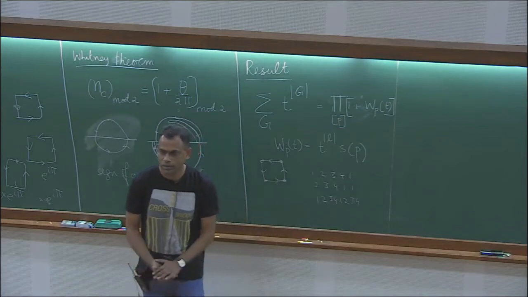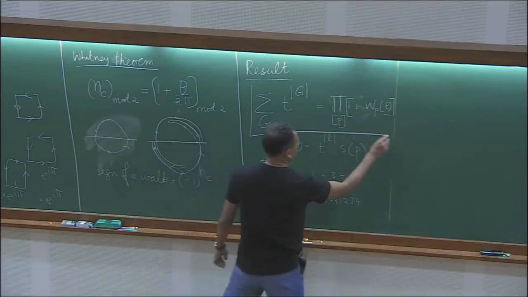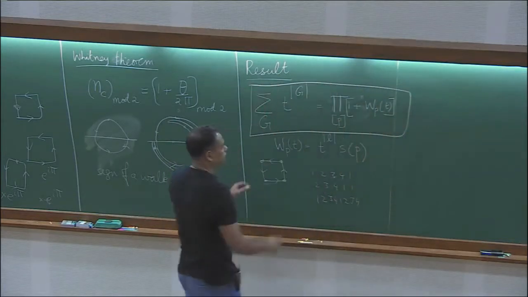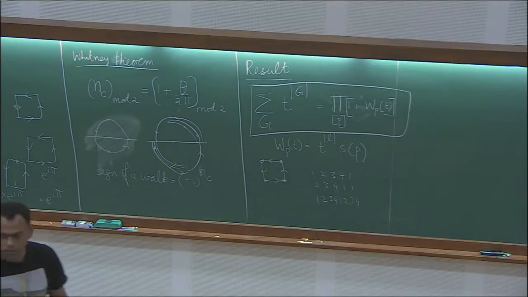Is it okay? So this is the result that we will use, but I will try to show why this is correct. The walk can do anything it wants. It can intersect itself and so on, but the ultimate position should be back in the origin.